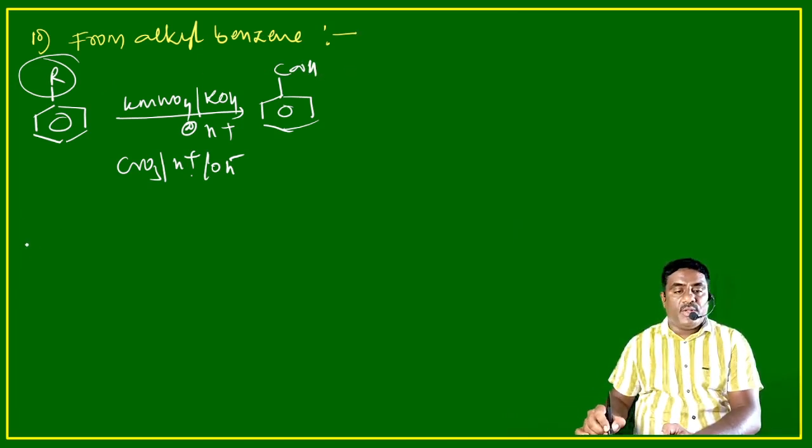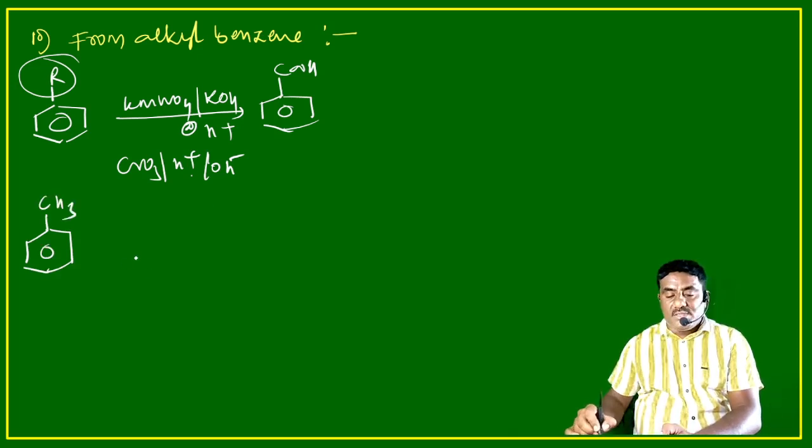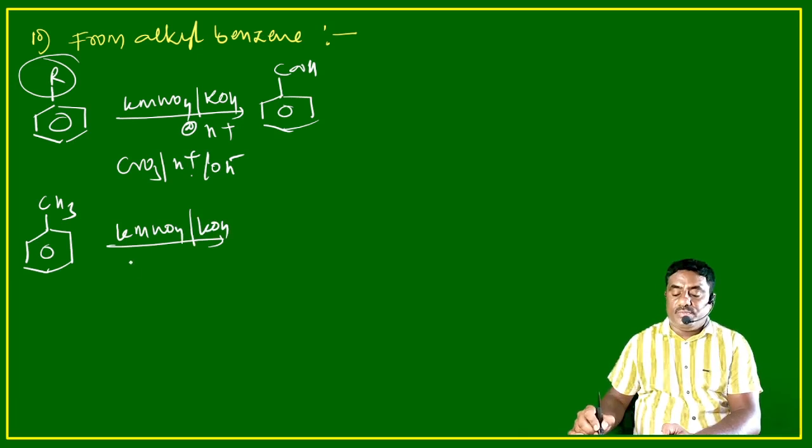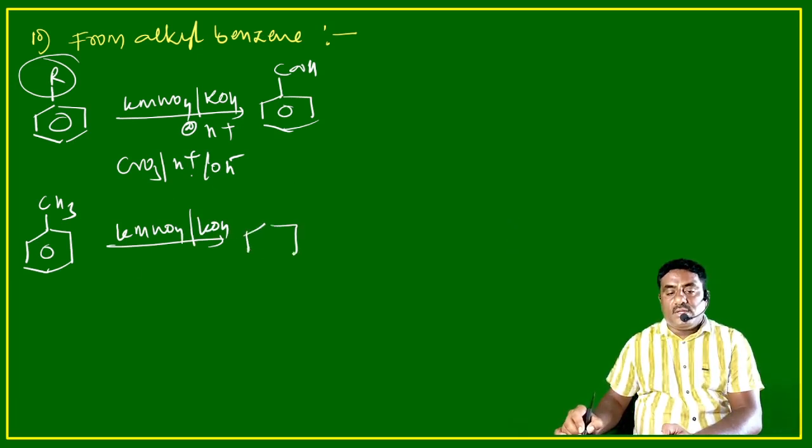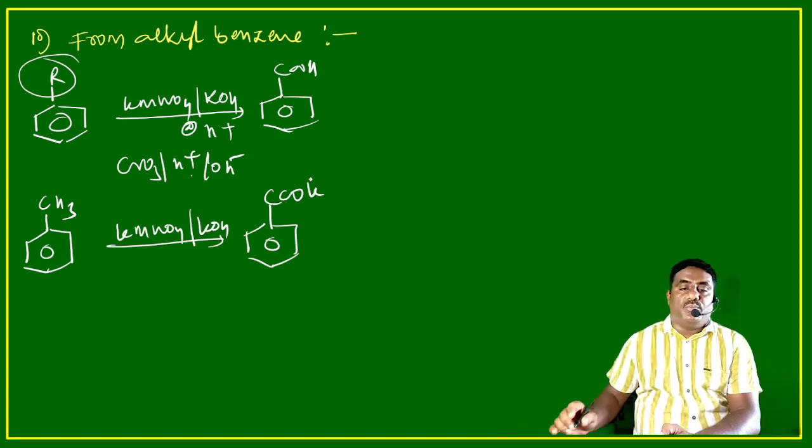I am taking benzene with a CH3 group. In presence of KMnO4 and KOH, what does it form? Benzene with COOK, potassium benzoate.